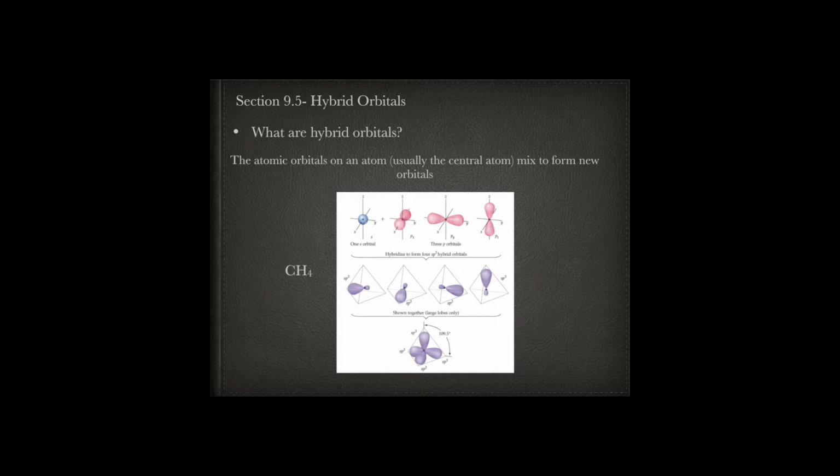And so those 4 orbitals are going to combine together to form 4 hybrid orbitals, sp3. If you're given CH4 and you're asked what hybrid orbitals form to produce CH4, you would say sp3.